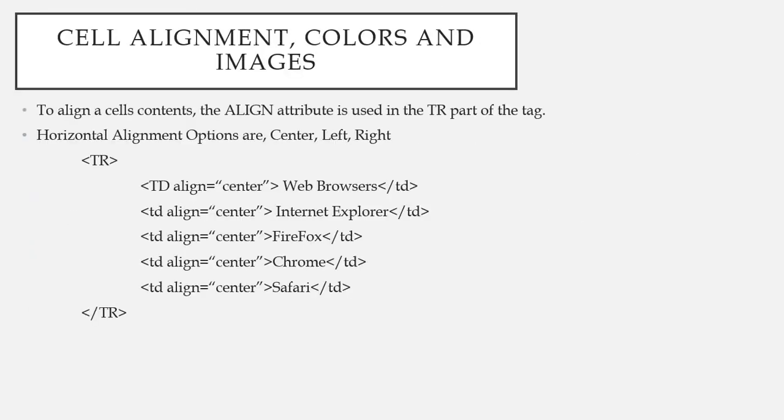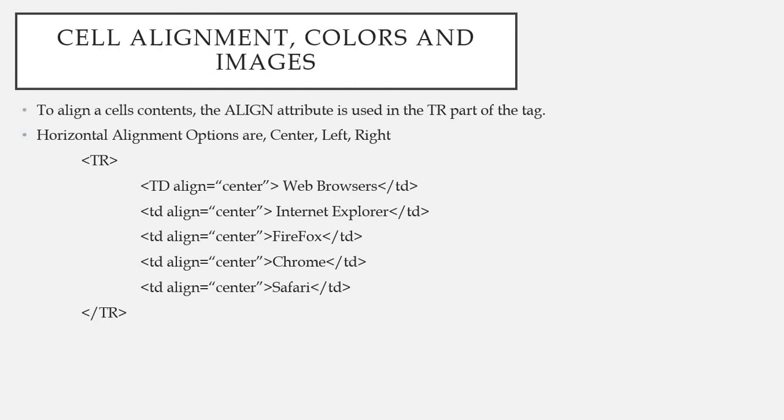Next we will see cell alignment, colors and images. So what is alignment? Alignment is how text is placed in a cell. If you don't know how alignments are done, open a Word document, draw a table, or just type a little text, and do the alignment: center, left align, right align.